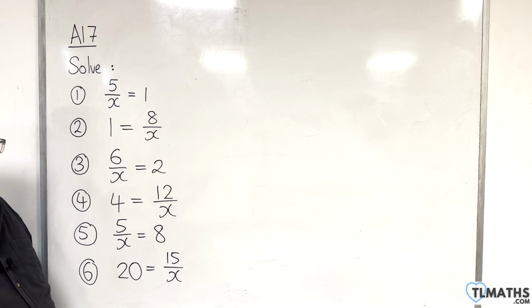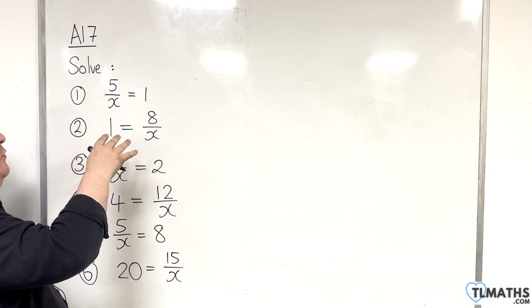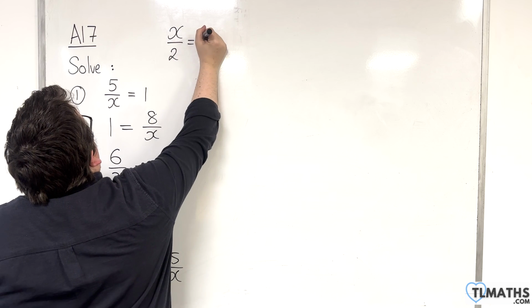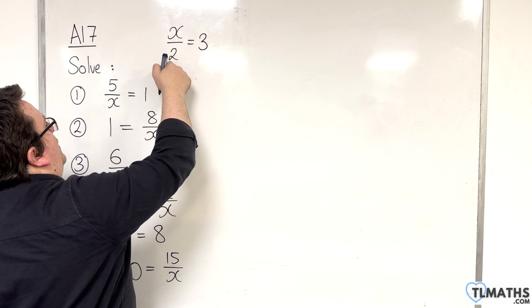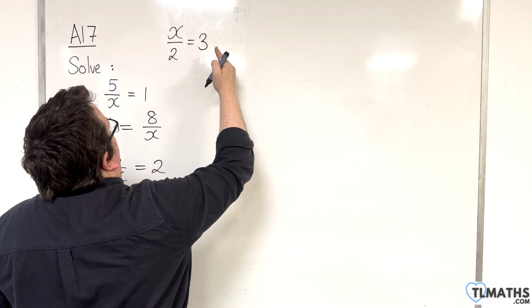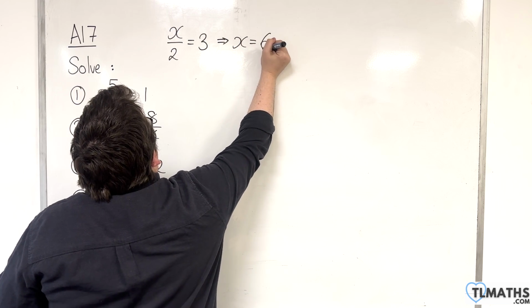So the first way is to consider, just like before, if we had x over 2 is equal to 3, what you would do is you would say, well, I've got x divided by 2 here, and so I would multiply both sides by 2, and I would get x is equal to 6.